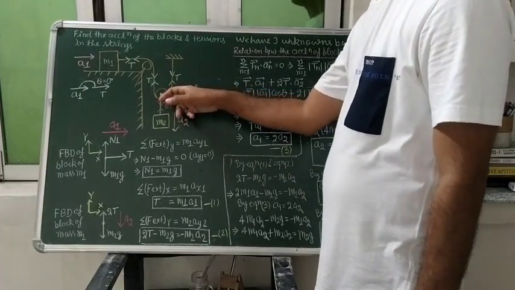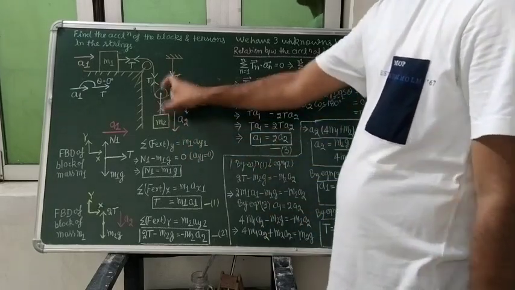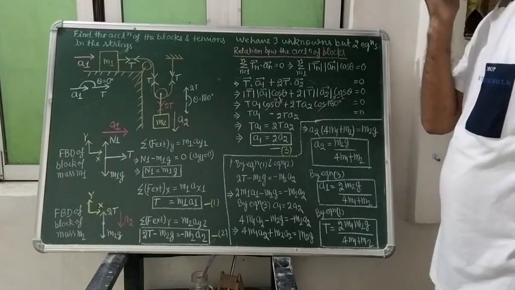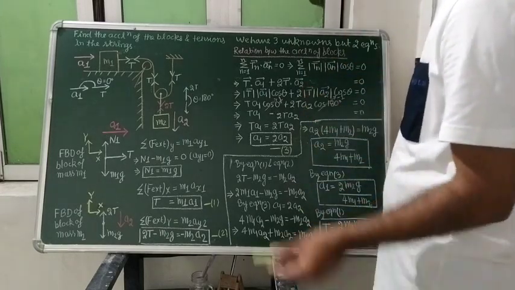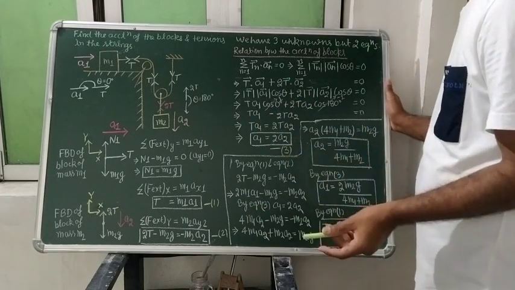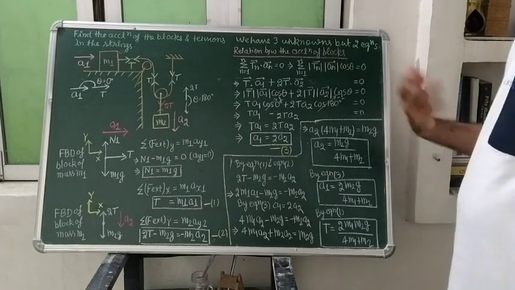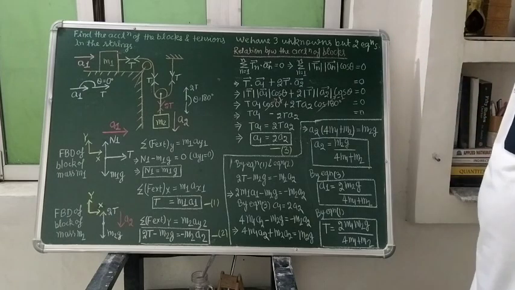The moving pulley is hanging a block of mass m2 with the help of another string, and we had assumed frictionless surfaces and pulleys also. We had assumed frictionless and massless pulleys, and strings that were inextensible and massless.